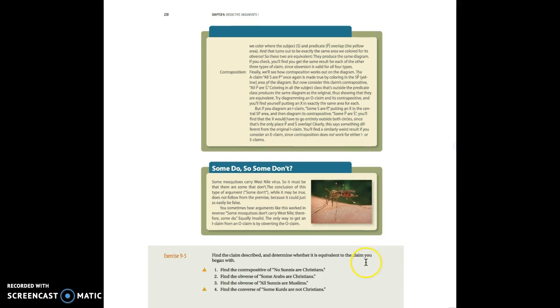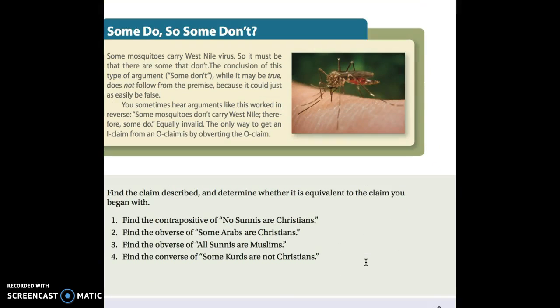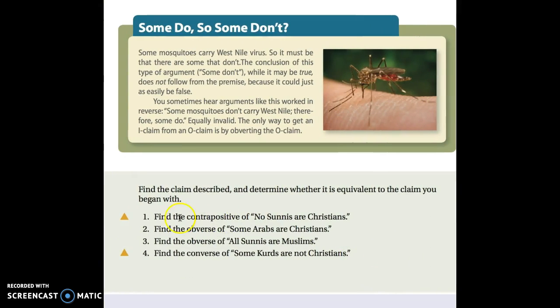So, if we were to find the contrapositive of no Sunnis are Christians. Remember, with contraposition here, you're going to switch subject and predicate and then complement both. So no Christians are Sunnis, and then complement both. No non-Christians are non-Sunnis.